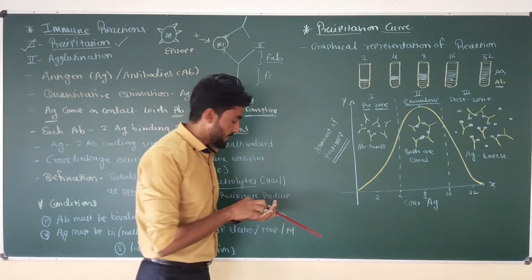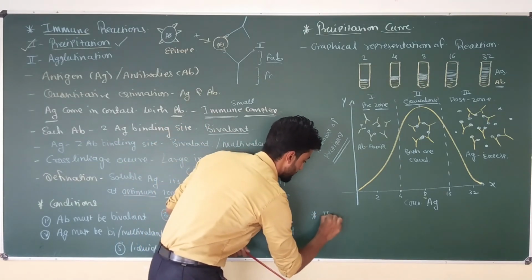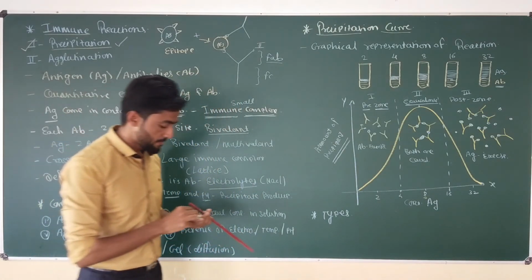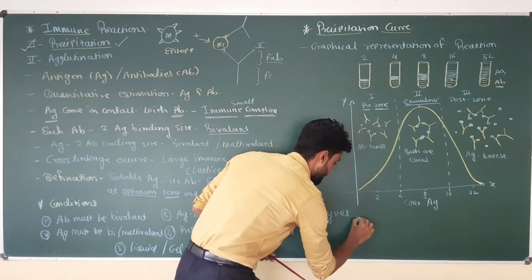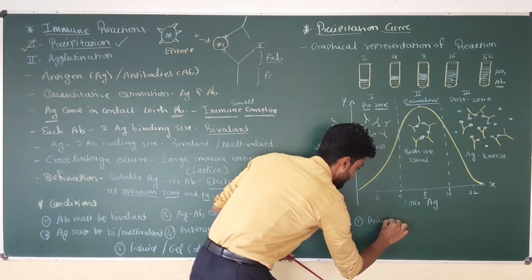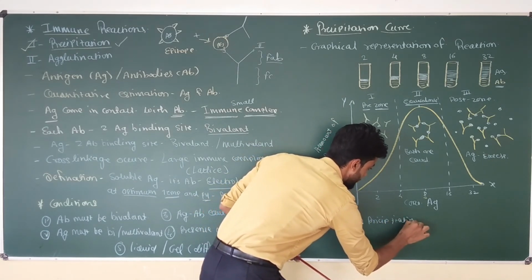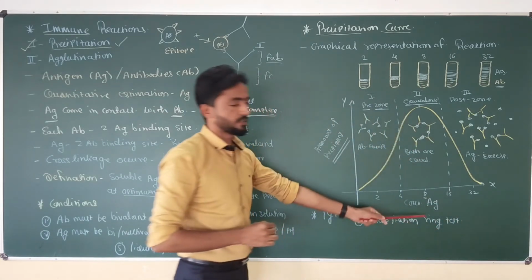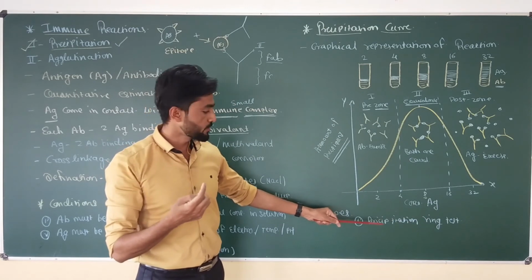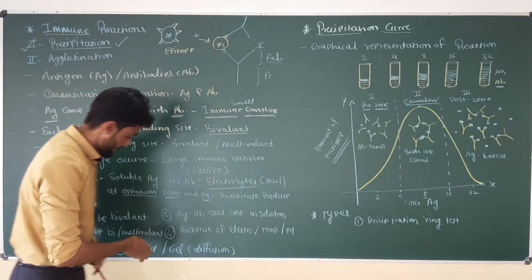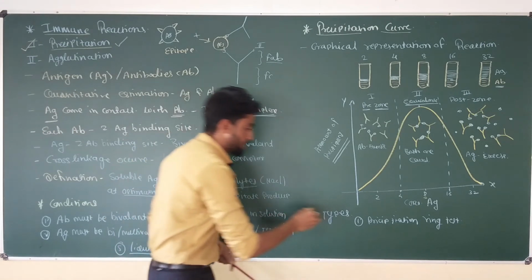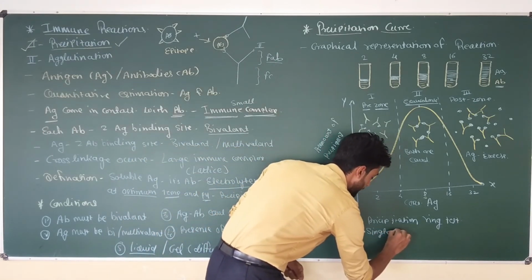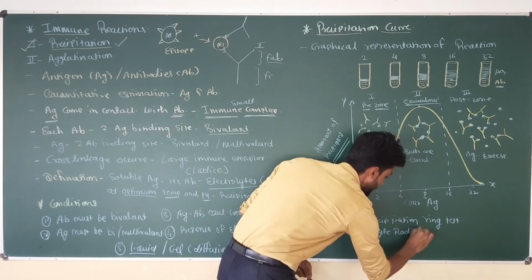Now, there are various types of precipitation reaction, and in this series, I am going to discuss 3 important types. Number 1, precipitation ring test. This precipitation ring test is the type of reaction which occurs in a liquid medium. Then the second type is single radial immunodiffusion.